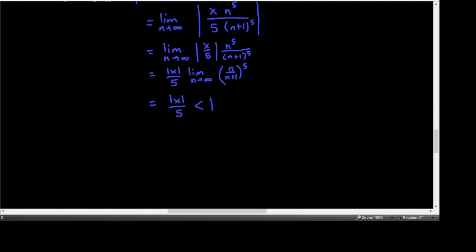So to make it go there, I'm going to multiply both sides of this inequality by positive 5. And it's now in that form, which means that the radius of convergence for this one is 5. Okay. Now, the third one.